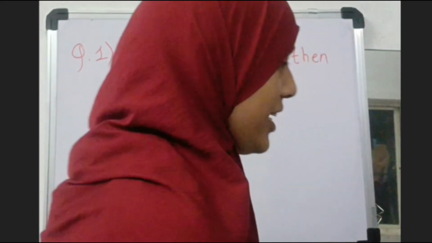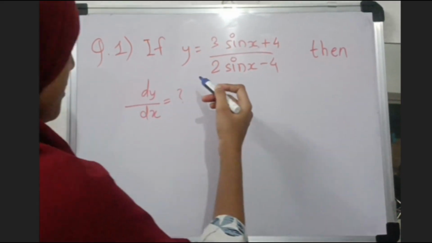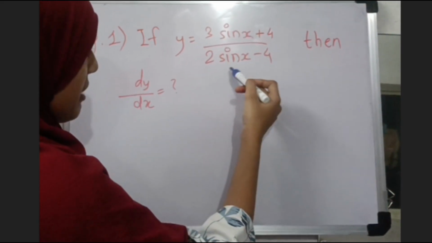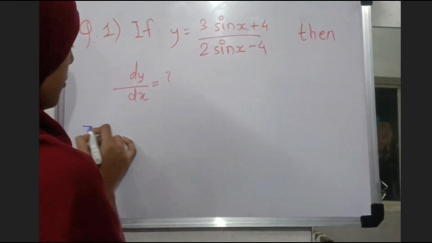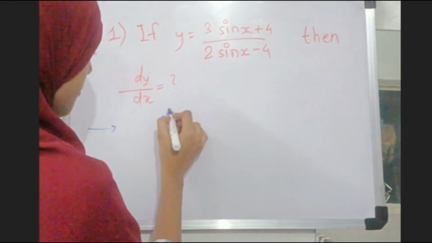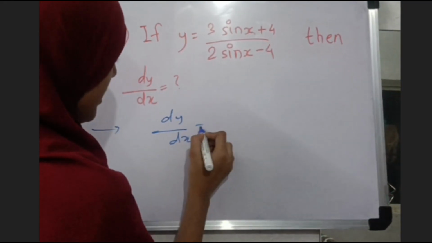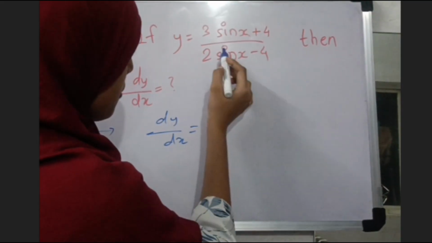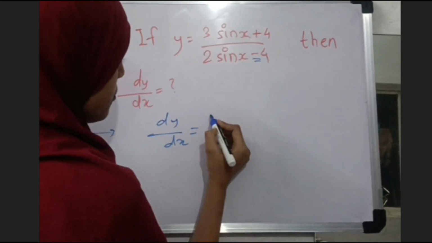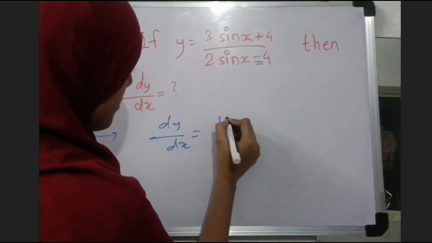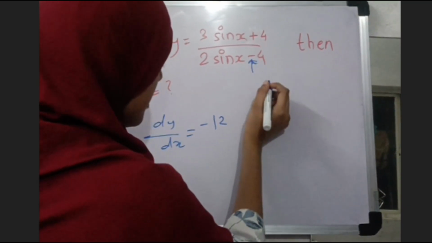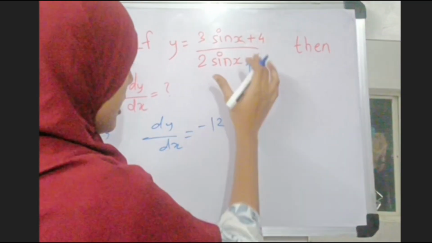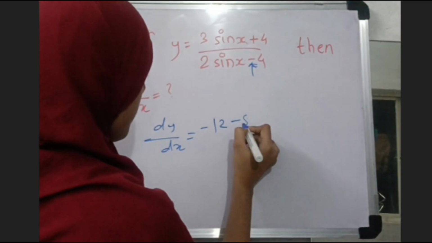Let's move towards our next question. Here we have, if y is equal to (3 sin x plus 4) divided by (2 sin x minus 4), then we have to find dy by dx. What we know, dy by dx will be the multiplication of 2 into minus 4, 3 into minus 4 will be minus 12. Remember, here is the minus sign. So it will be minus 12 and minus 4 into 2, that is minus 8.